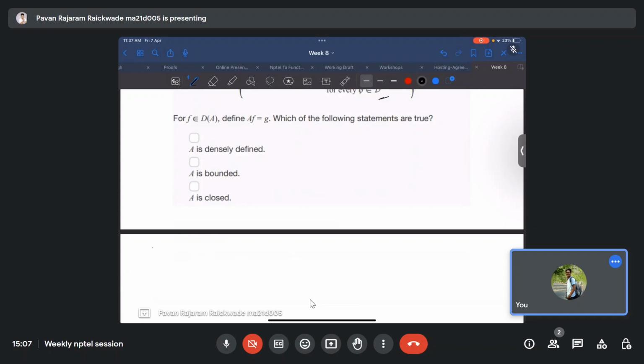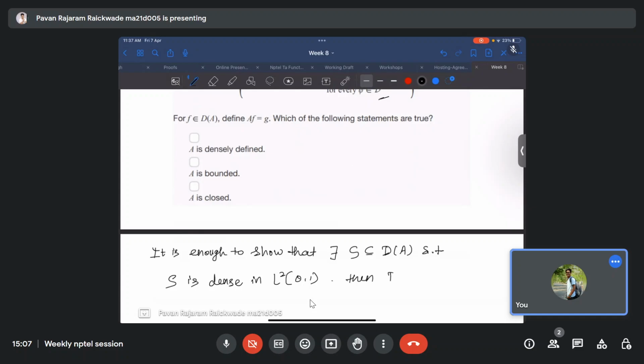What I want to say is it is enough to show that there exists some S, a subset of the domain of A, such that S is dense in L2(0,1). Then A is densely defined, because then the domain will be dense, right?